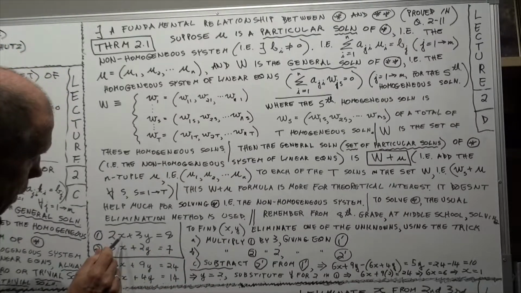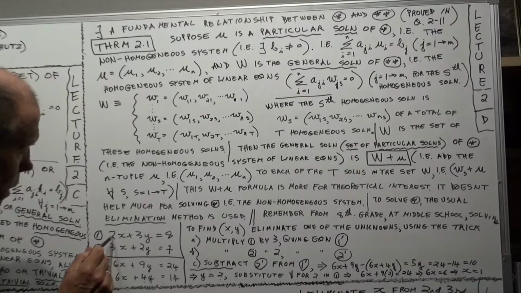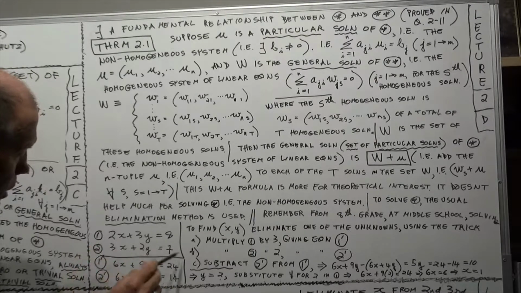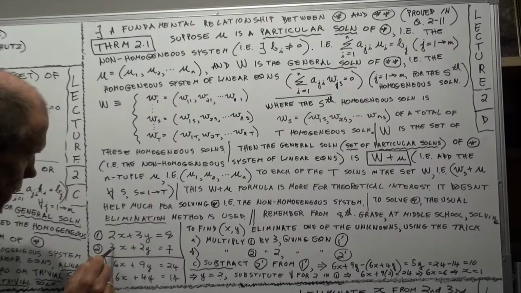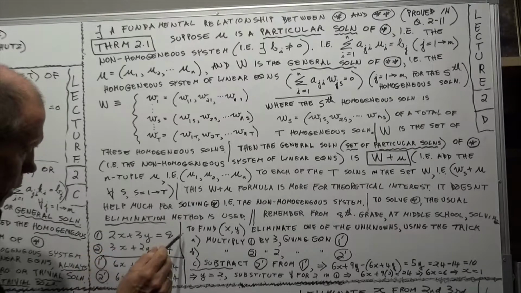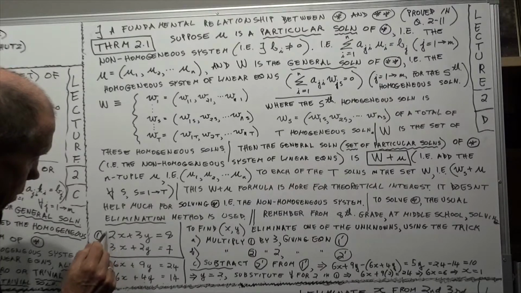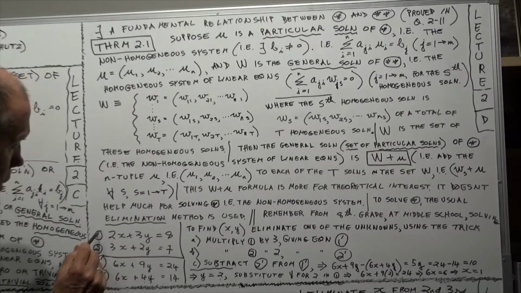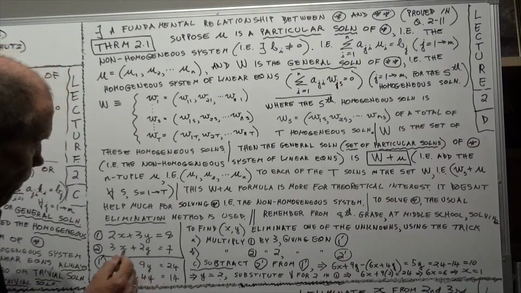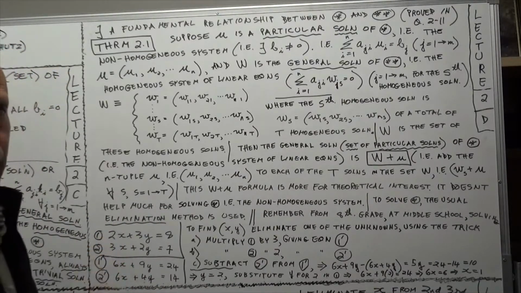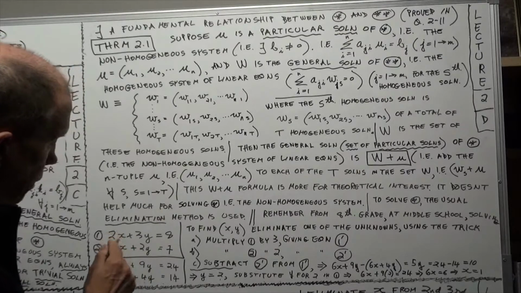You have a look at your first variable here, and whatever number that is, multiply the next equation by that number. And similarly, whatever number this is, multiply this equation by that number, and you'll get the new line 1 dashed and 2 dashed. The number here will be equal to the number here, and then you can subtract them. You'll get 0x, and you have eliminated your first variable.